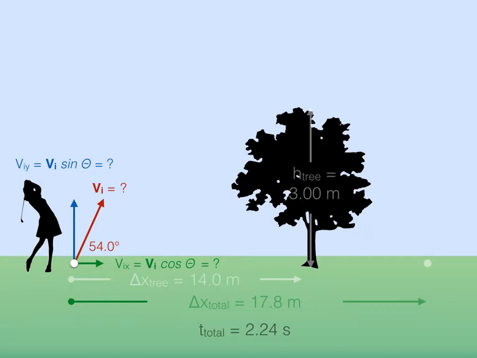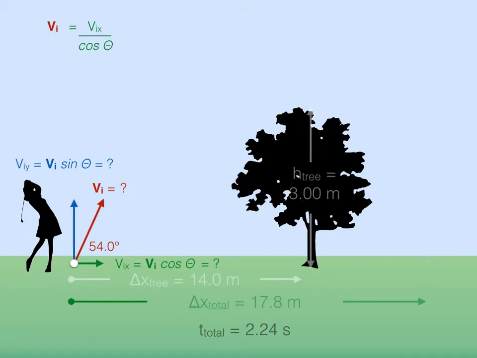The initial velocity in the x direction is the full velocity vector, vi, times the cosine of theta. So if we're solving for vi, that's going to be the initial velocity in the x direction divided by the cosine of theta. So we really want to find the initial velocity in the x direction.